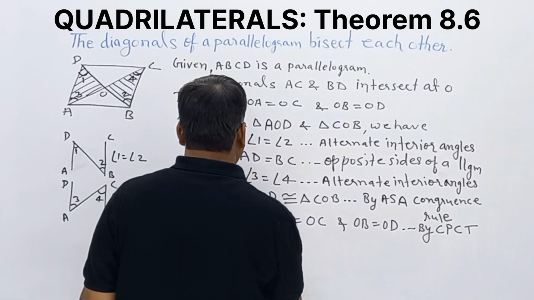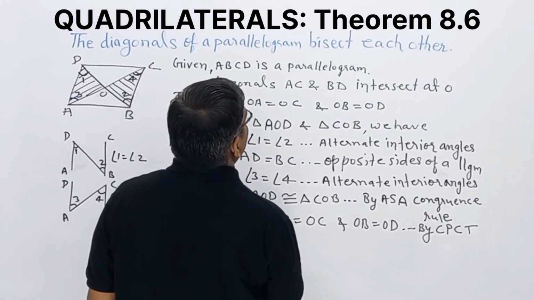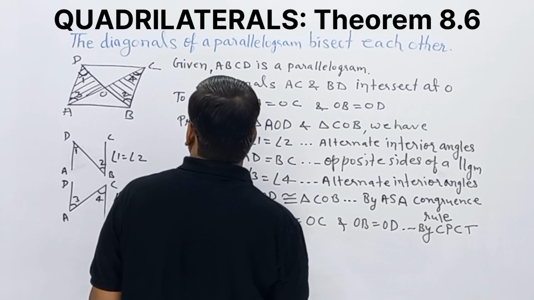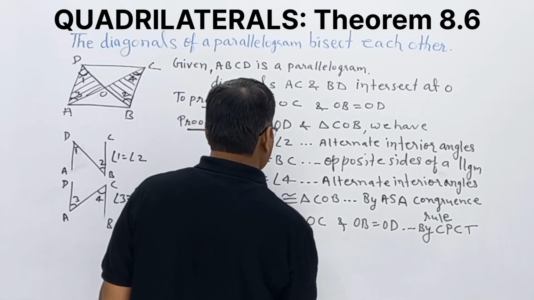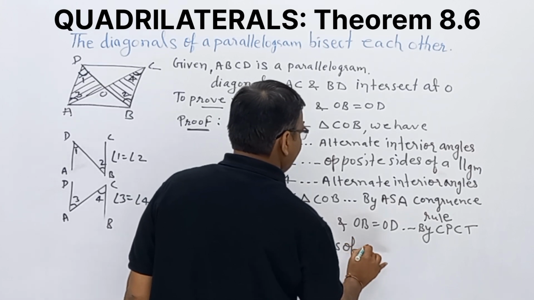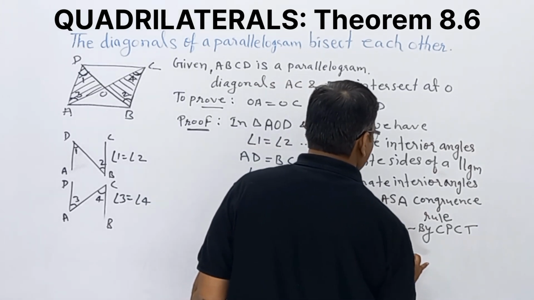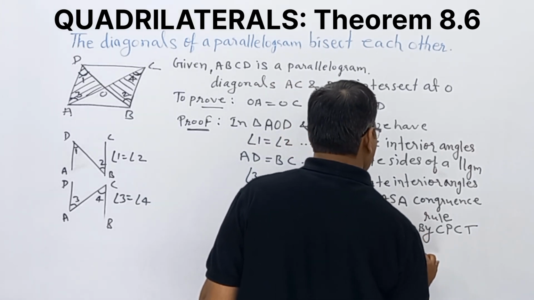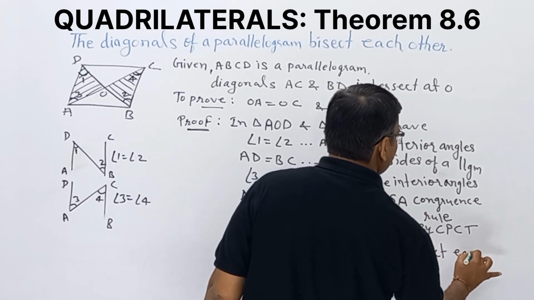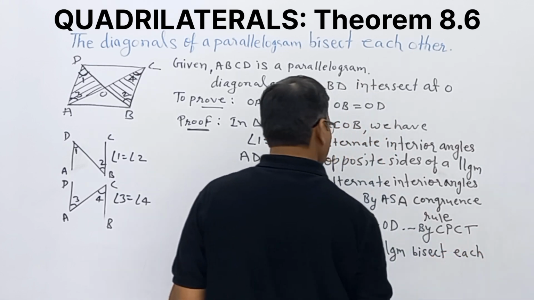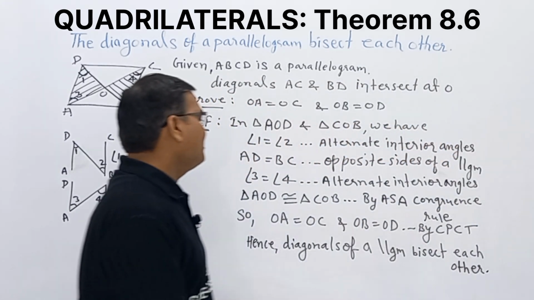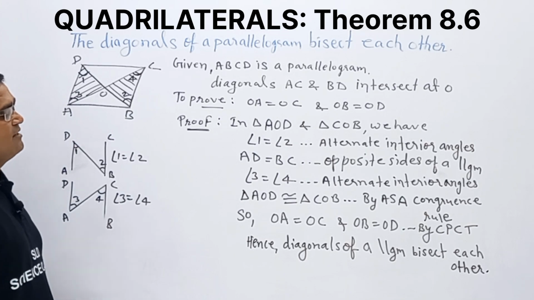Finally we can say, hence, the diagonals of a parallelogram bisect each other.